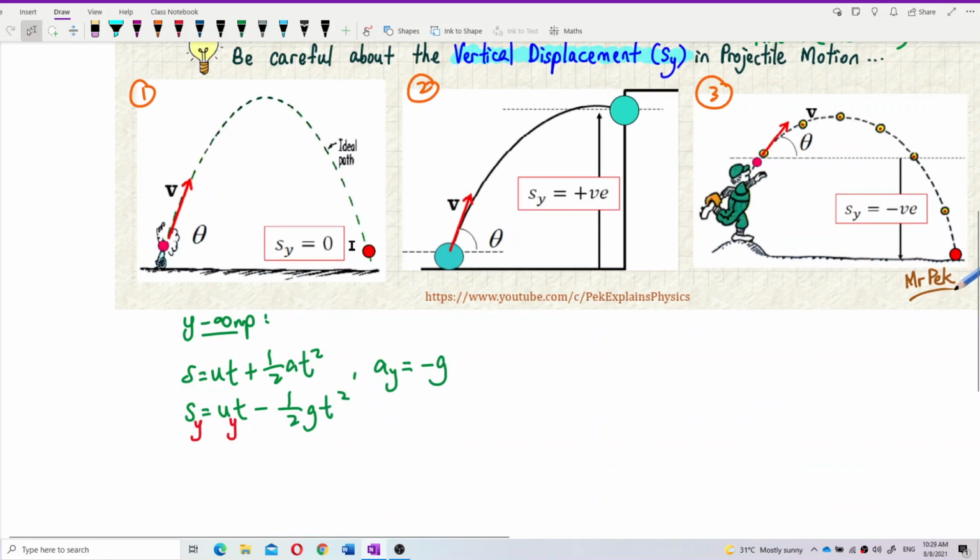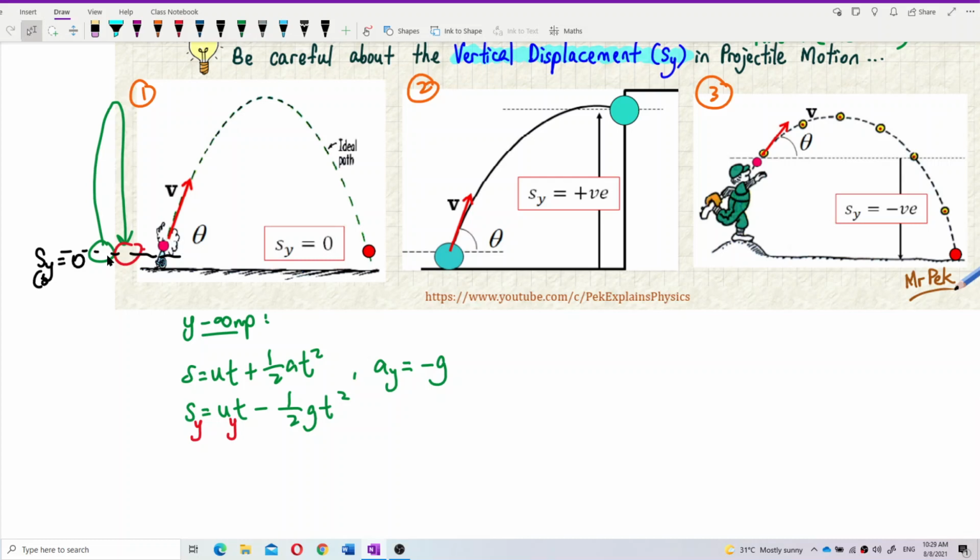In the first example, the ball returned to the same level. If you talk about only the y component, this projectile motion is the same as a free fall motion going up and coming back to the same level. The level where the ball is released is actually the origin. Sy is 0, the origin.